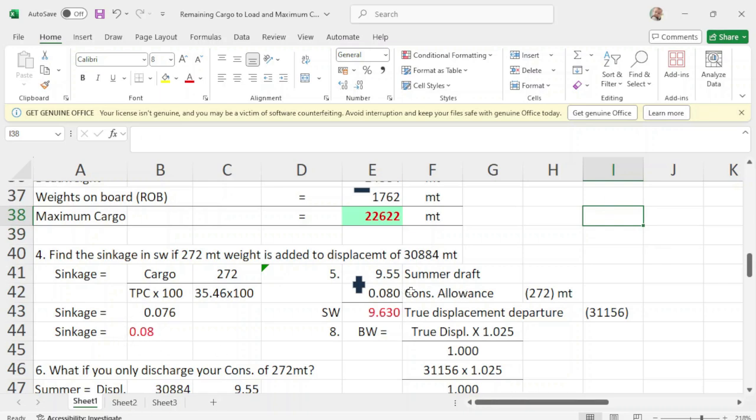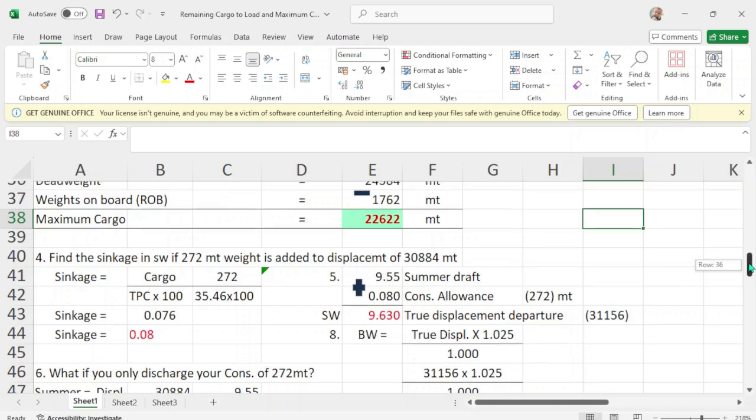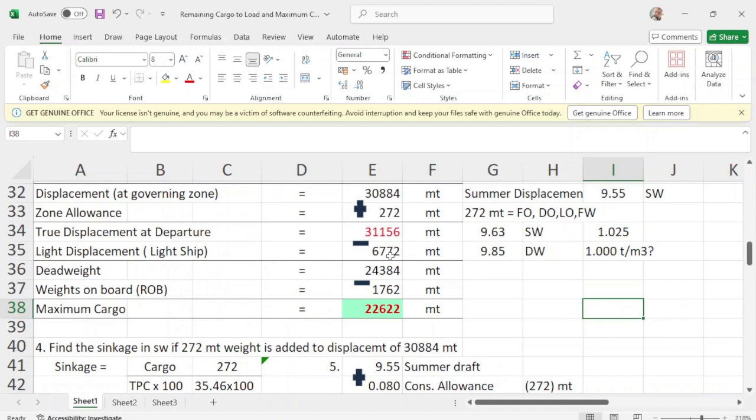So from your summer drop of 9.55 plus your sinkage for consumption allowance of 272, your salt water displacement is 9.63, which is this one.